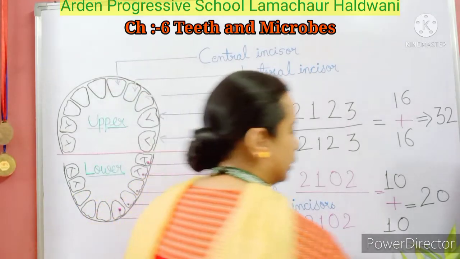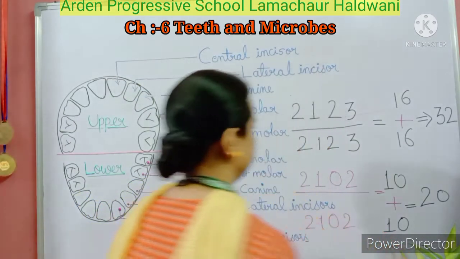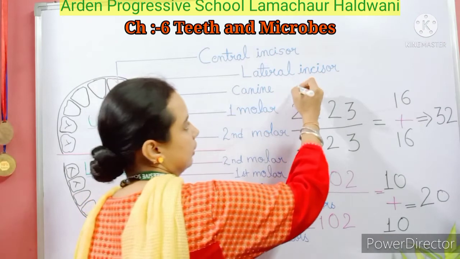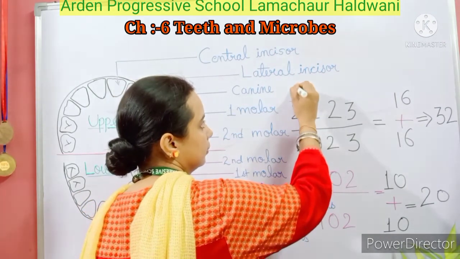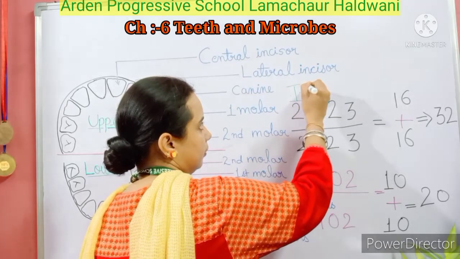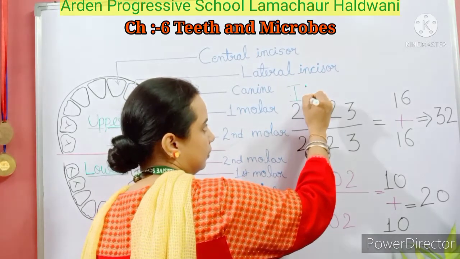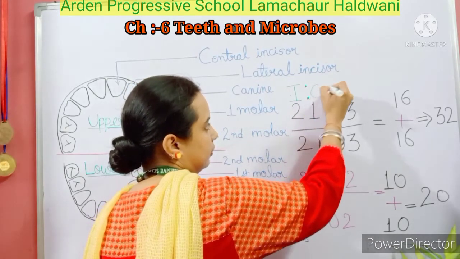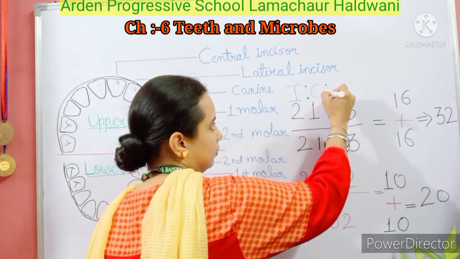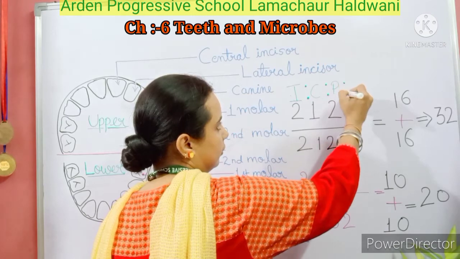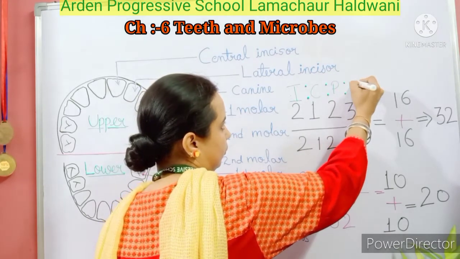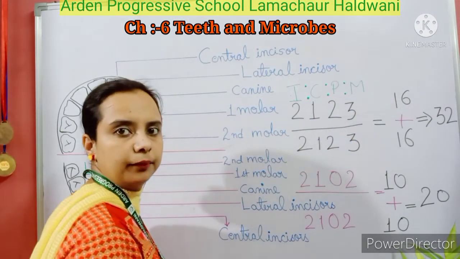Now this will be the incisor set, then the canine, then premolars, and then molars.